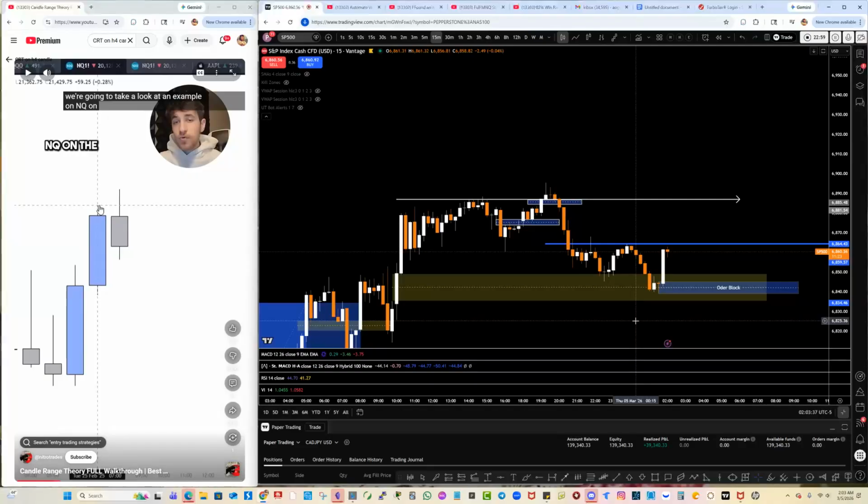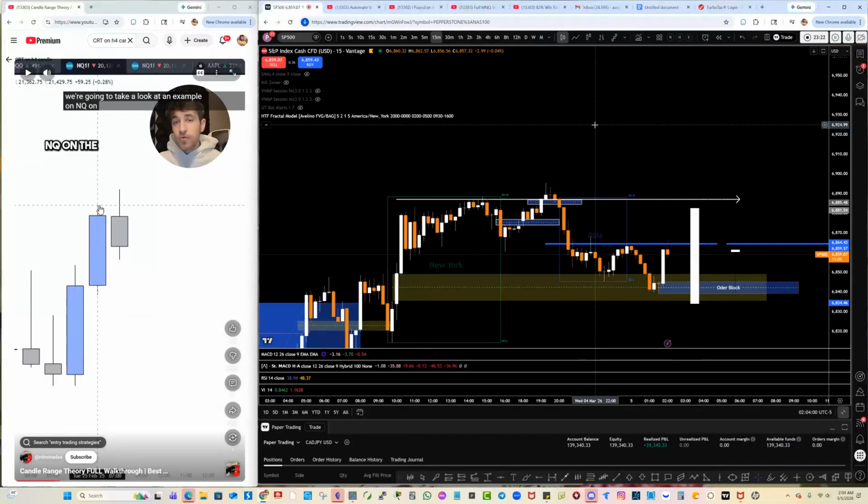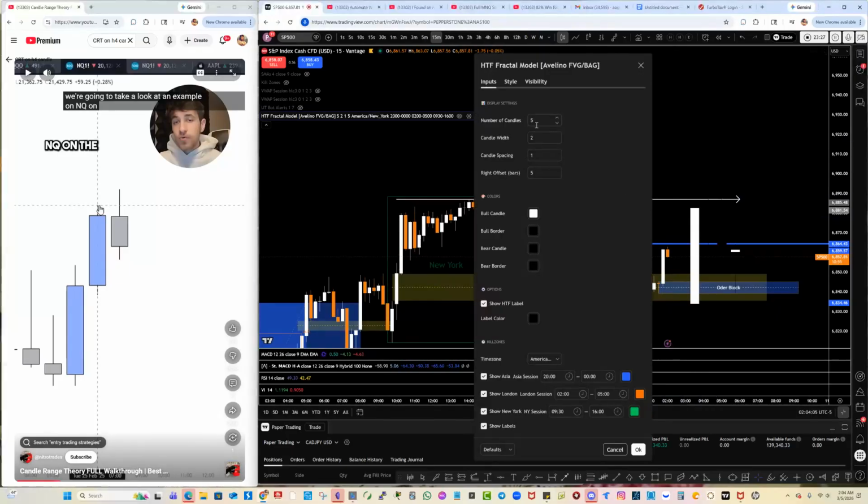Since we have closed bullish on 4 hours, I need to add my order indicator, higher time frame fractal. This shows five candles.